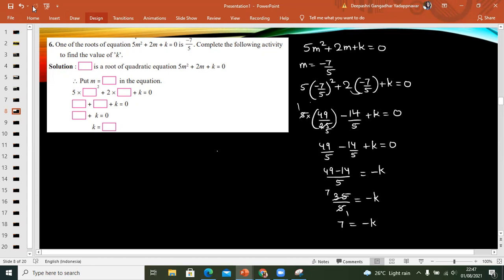But we want positive k, we don't want negative k. So this negative sign will go to the other side. So it will become negative 7 equals k.